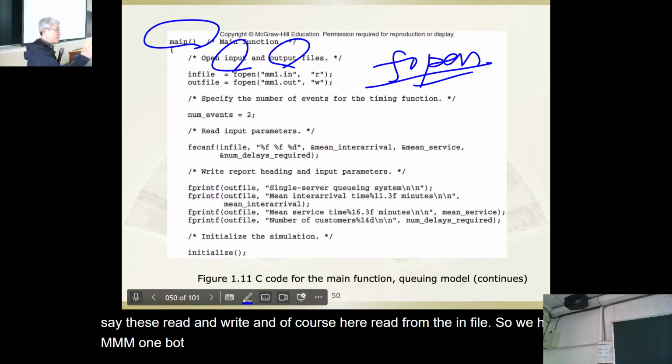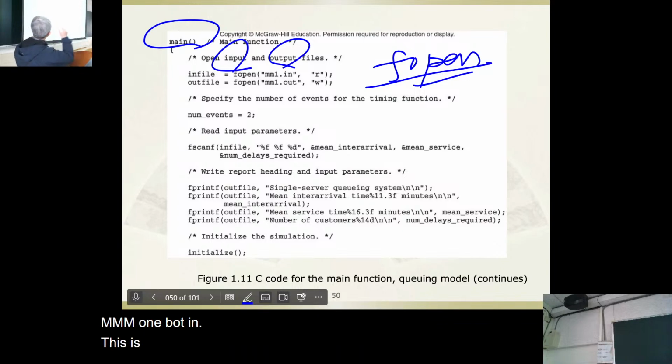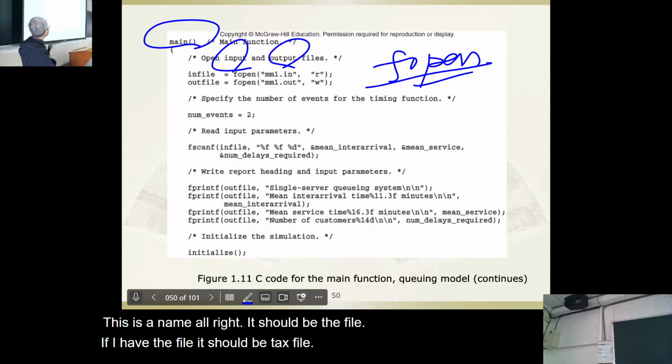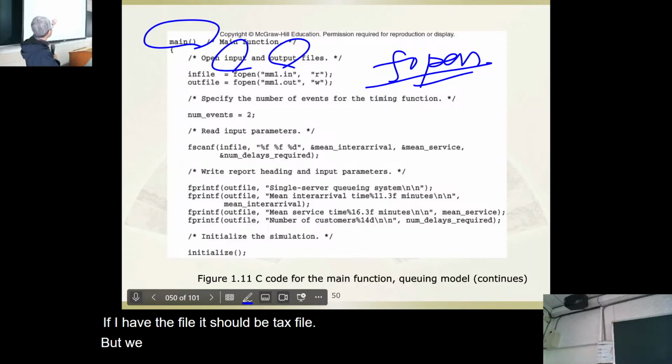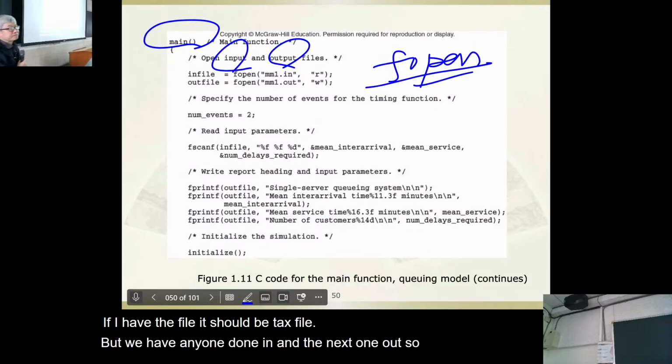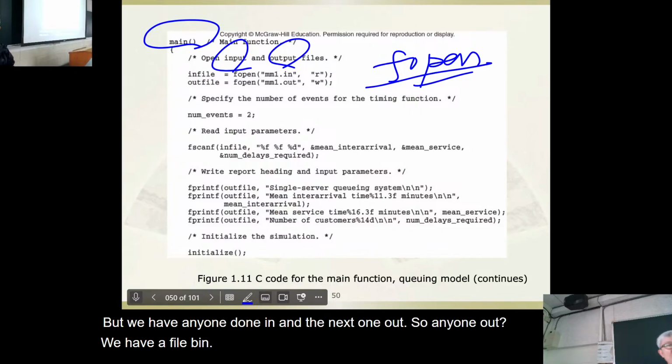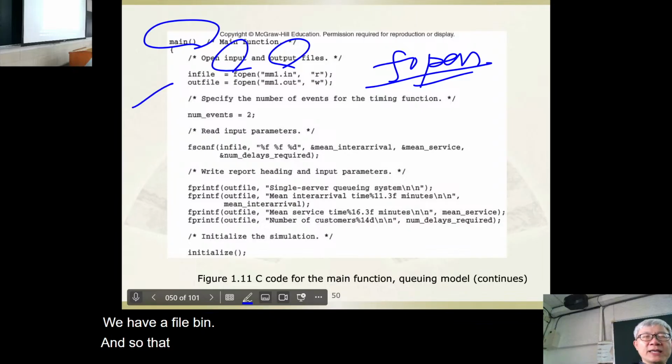This is a name, all right? It should be the file. In fact, the file should be a text file. But we have mm1.in and the next one out, so mm1.out. We have a file name. And so that we have the corresponding here.